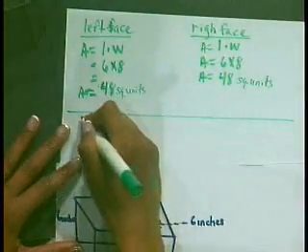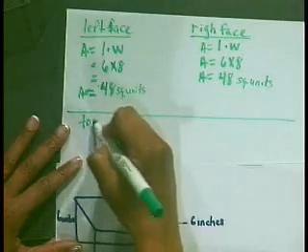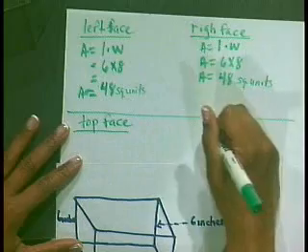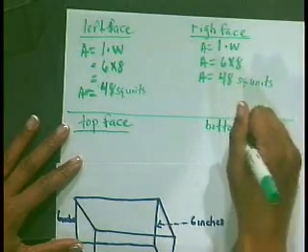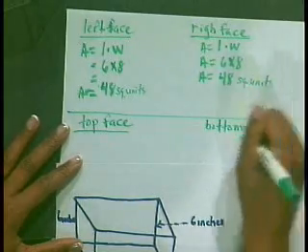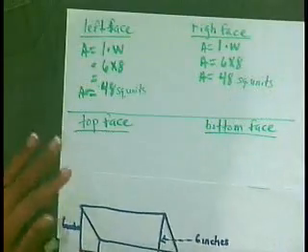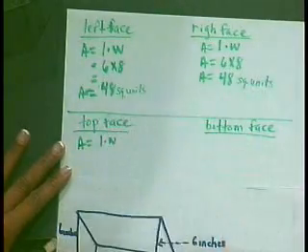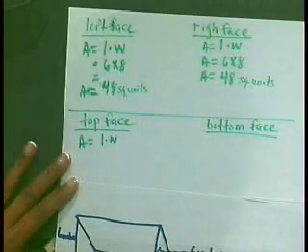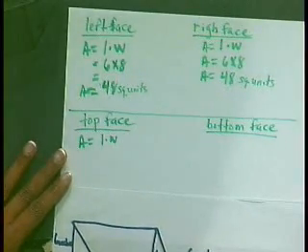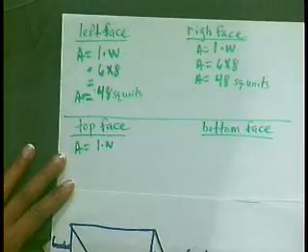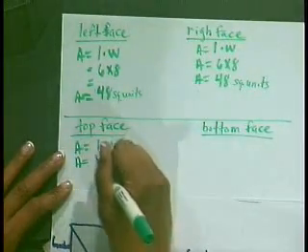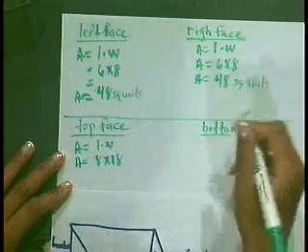So we're going to take the top face and the bottom face. I'm giving them the names just so you'll understand exactly what I'm doing. Again, the area is equal to length times width. It's all length times width because each face is the shape of a rectangle, and the area formula for a rectangle is length times width. So we have area equals 8 times 18.